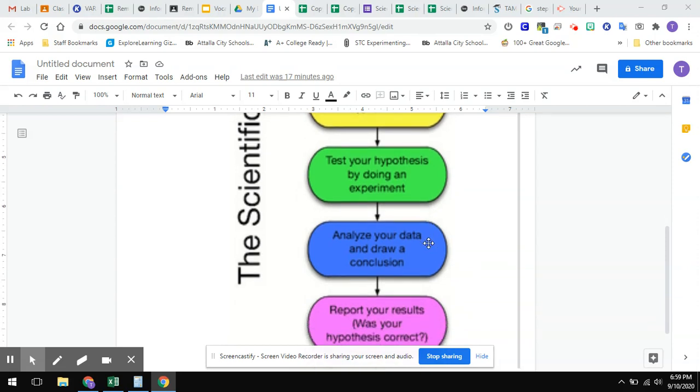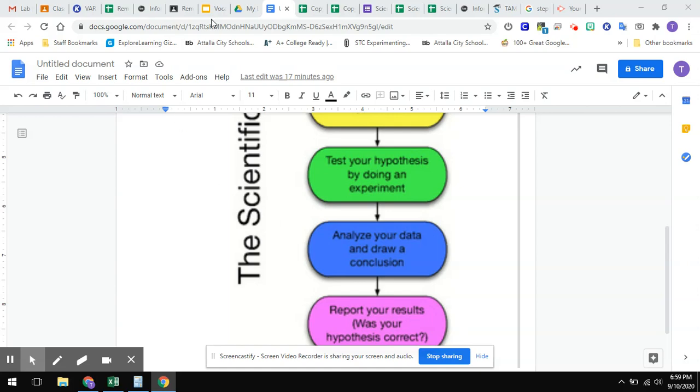So, important stuff right there. This step down here, this is talking about how you're going to report your results. And when you report your results, that could be anything from you just turning in a lab sheet to me asking you to write a conclusion, to, like if you were a scientist, actually publishing in a scientific journal.